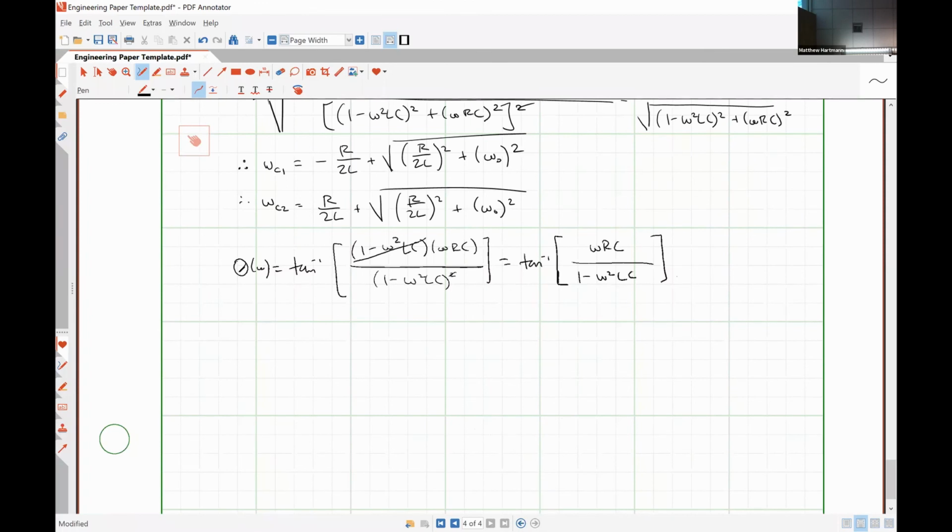So for the band pass filter, it was 1 minus omega squared LC over omega RC. And here we have the opposite. So that's band pass and band stop. Those are the two filters that you have to have a second order circuit in order to generate, but you can also just as easily generate high pass filters and low pass filters using second order circuits.